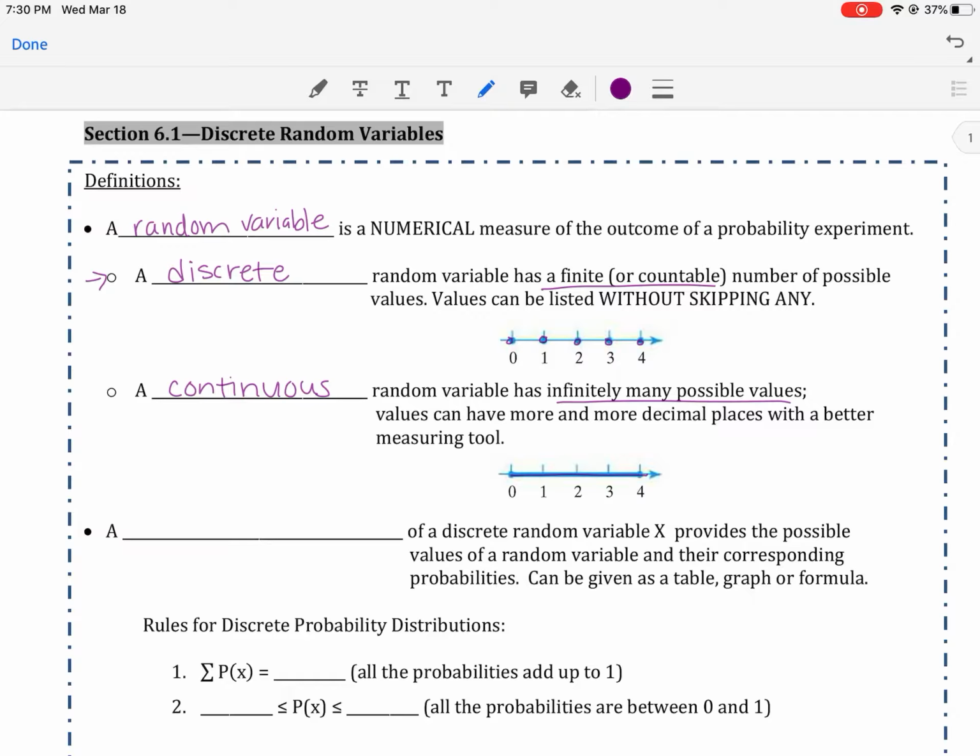Okay, so a probability distribution of a discrete random variable x provides the possible values of the random variable and the corresponding probabilities, often given to you in a table.